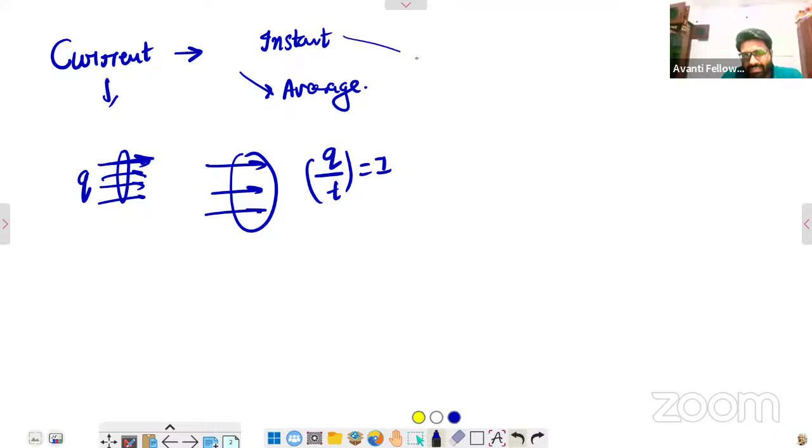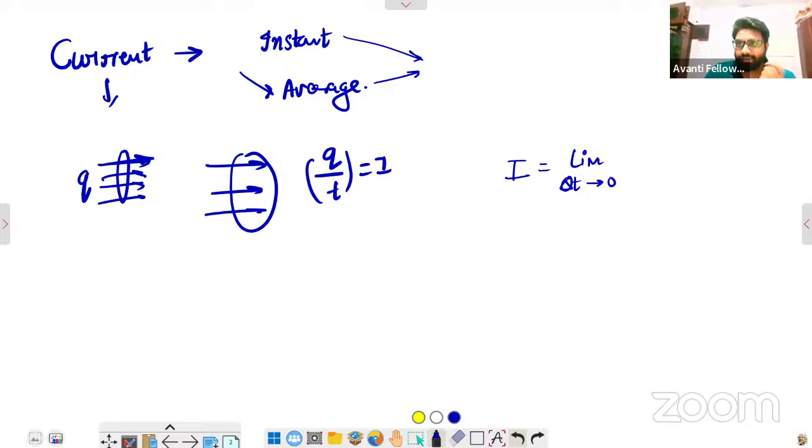So in the previous session, we talked about instantaneous current and the average current. I told you that instantaneous current is the limiting case of average current when delta t is very short, that is, at that particular instant. Suppose you want to measure the value of current at t equals 2 seconds.